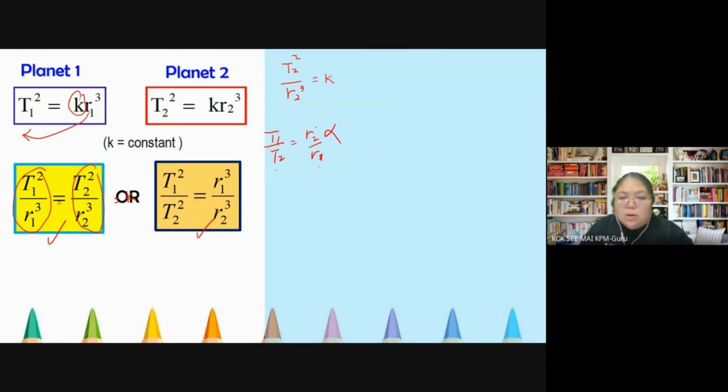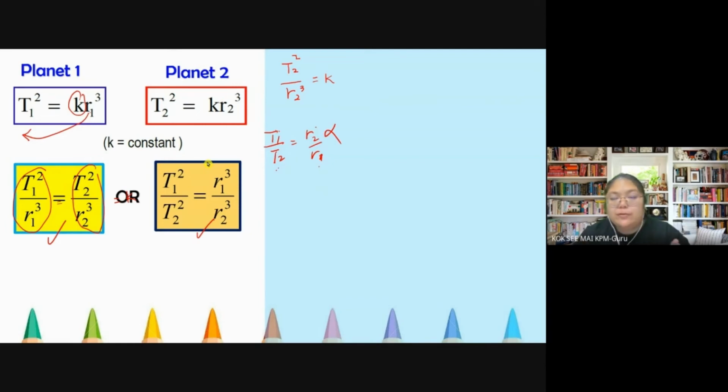If you use 1 over 1, it must be T1 over R1, then T2 over R2. Either one, whichever you want to use, is fine. So finally, this is the Kepler's third law formula: T1 squared over R1 cubed equals T2 squared over R2 cubed.